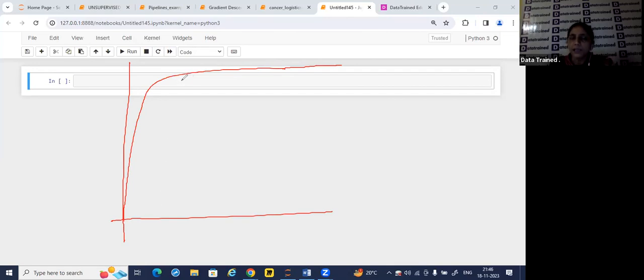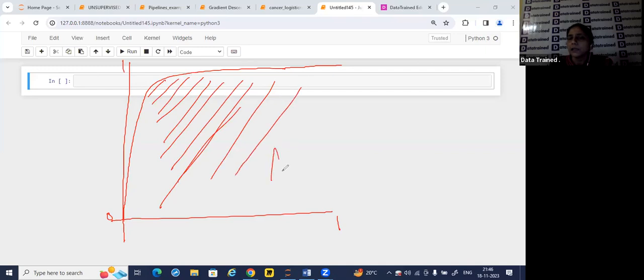The more area is covered, the more the accuracy is moving upward. So it means 0 and 1. Here, if my curve goes this way, I will say the maximum area under the curve is covered here.